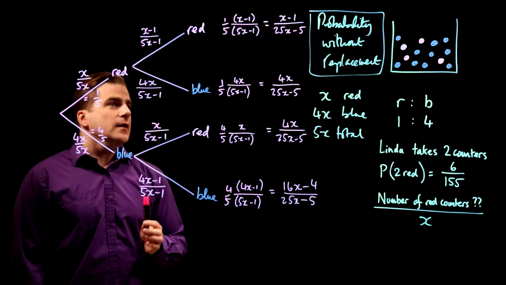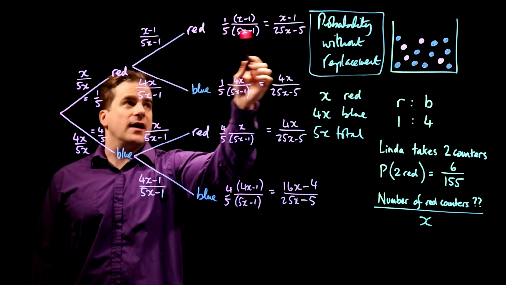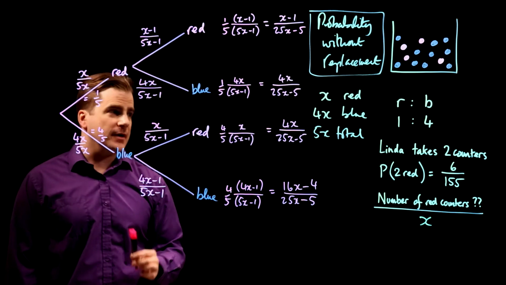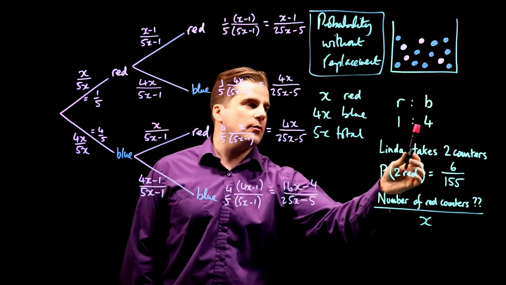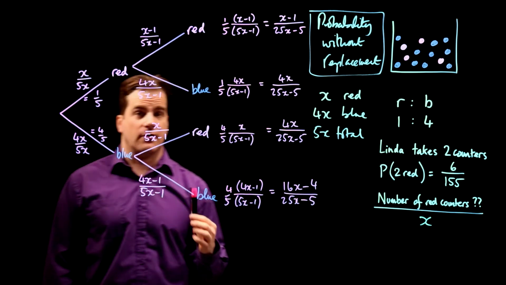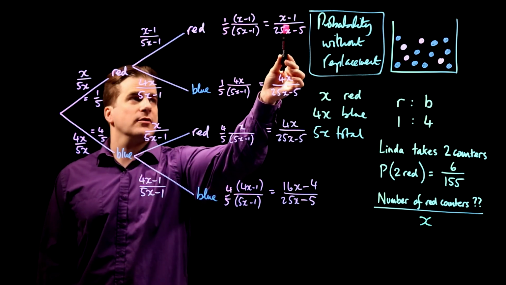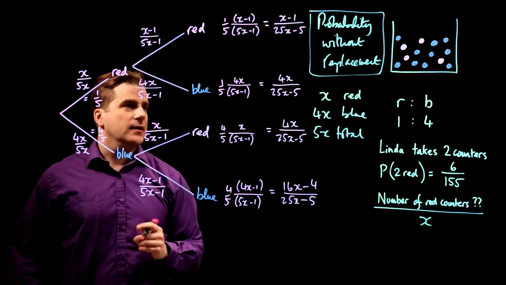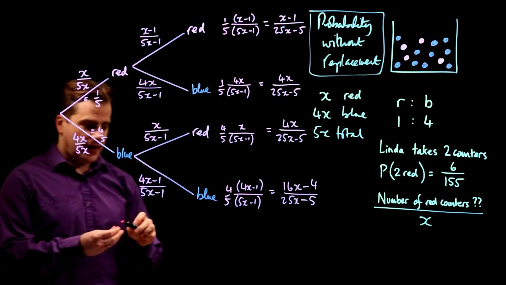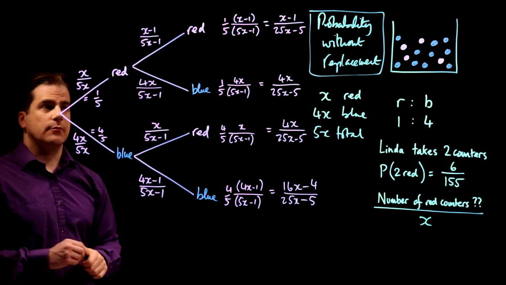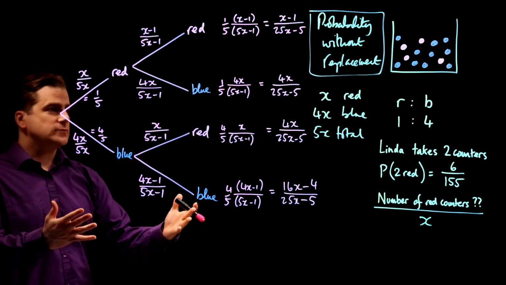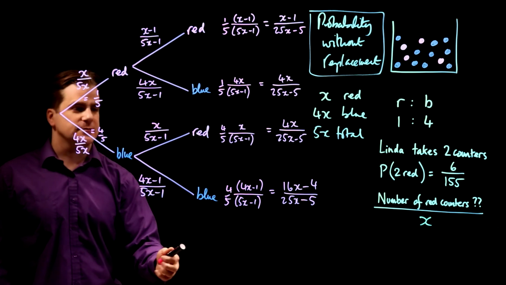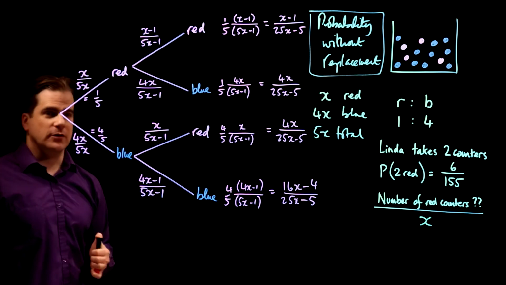And choosing two reds is different to choosing two blues, because we know that there are 4 times as many blues as there are reds, so you would expect these two probabilities to be different, and indeed they are. So there you go, that is the probability tree. We didn't need it to solve this question, but for your general education, that is what it would look like.